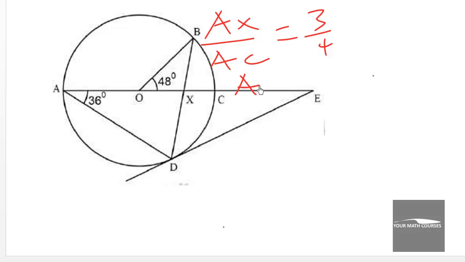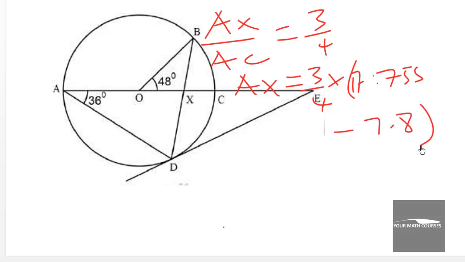So AX will be equal to 3/4 times 17.755 minus 7.8, and AX will be equal to 7.46625.